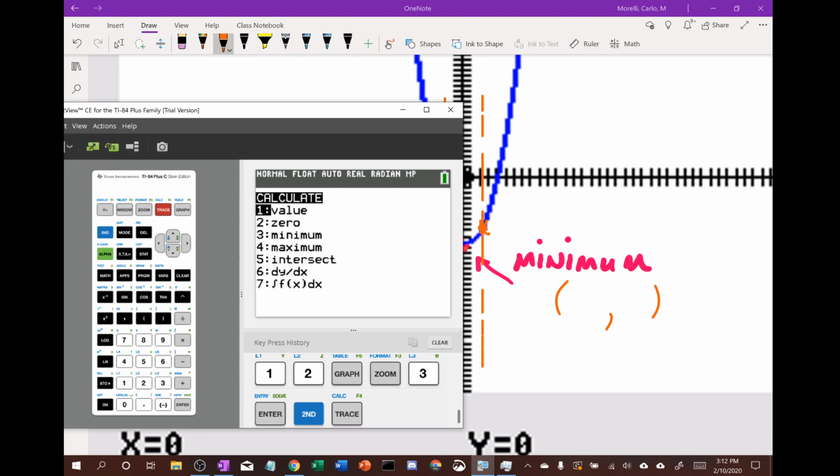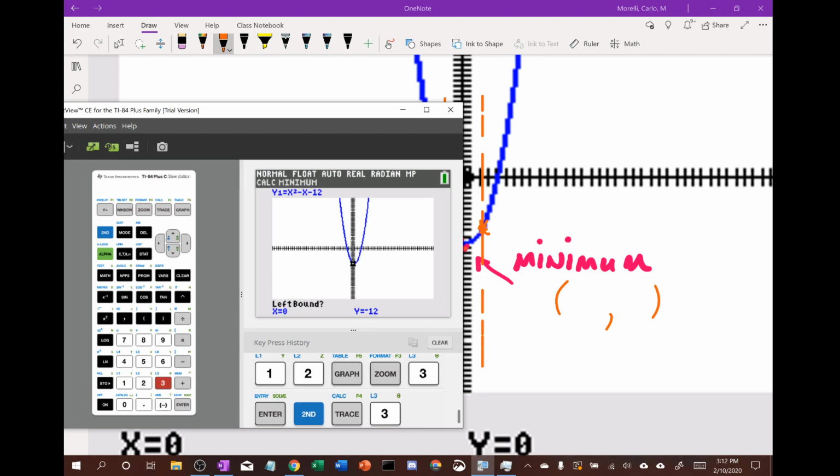Second, trace 3 is the minimum. And then you want to go to the left of the bottom of the hoop, enter. Make sure you are clearly on the other side of it. Enter again. Now you've got two vertical brackets, and then hit enter again, and it gives you the minimum.